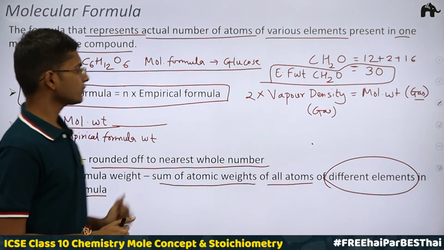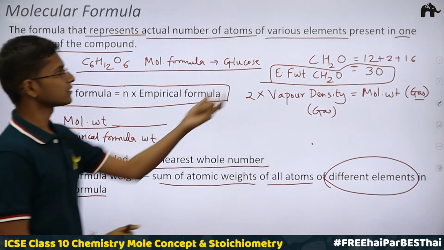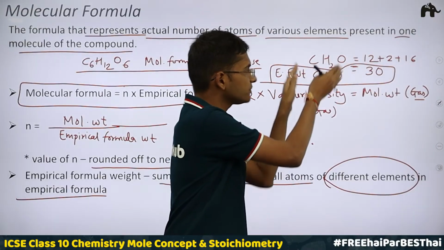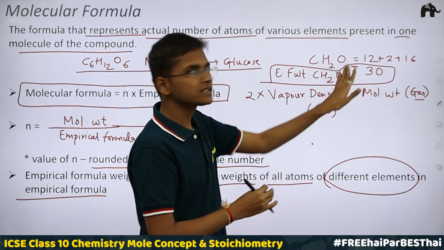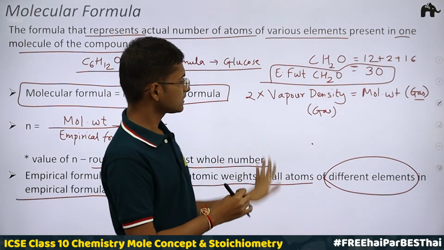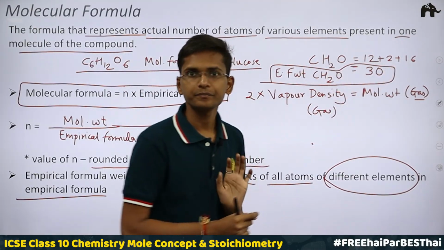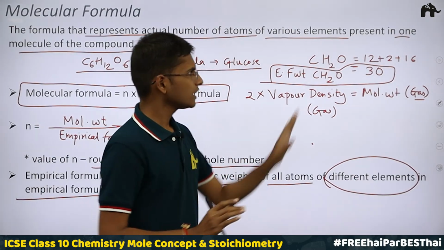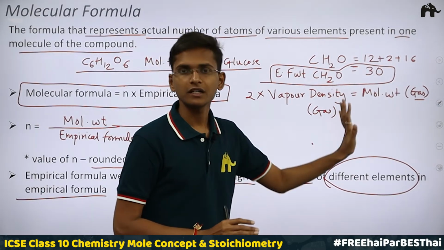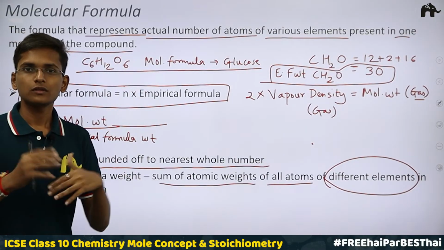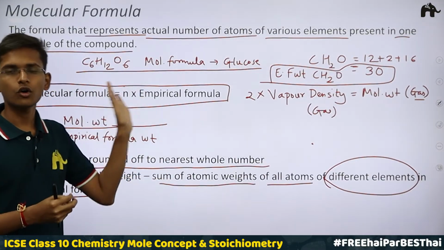We are taking the empirical formula first, and then in that empirical formula, whichever different elements are there, we add the atomic weights of all those atoms. That's it. Very clear? And we are finding out the empirical formula weight. So all these things are required for you to find out the molecular formula of a compound.